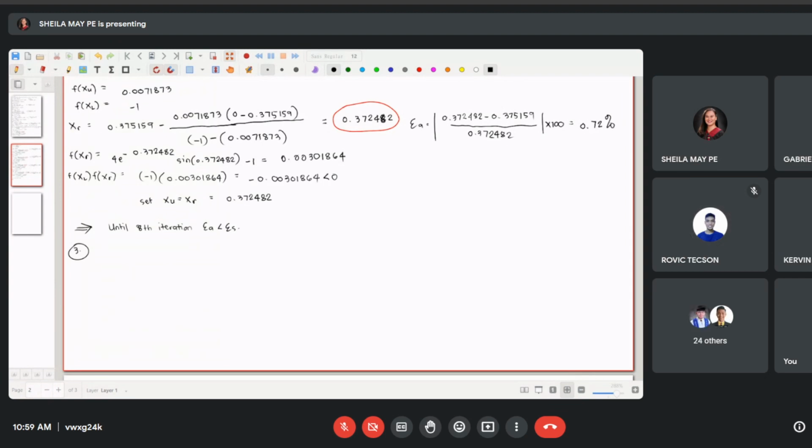Yes, ma'am. Okay. Now let's do simple fixed iteration. That's my notebook. Okay.